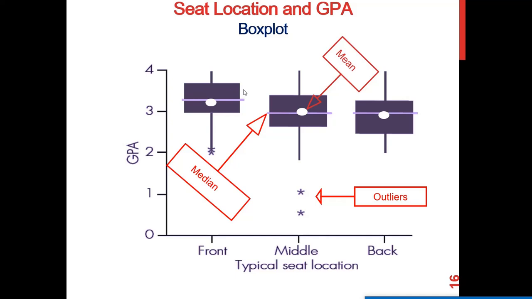If this line is towards the lower boundary of the box, then we will say that the data set is positively skewed. If the median is towards the upper boundary of the box, then we will say the data is negatively skewed. And if the line is almost at the middle of the box, then we will say that the data set is symmetric. Is it okay? So this is another graph called a box plot, which can be used to represent such data sets.